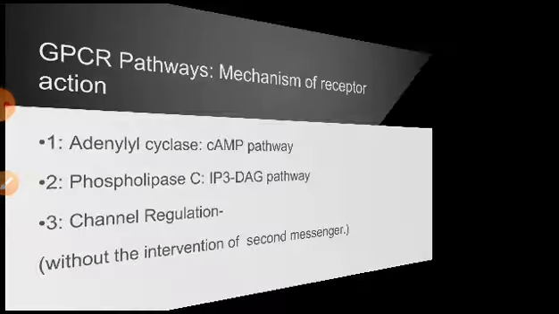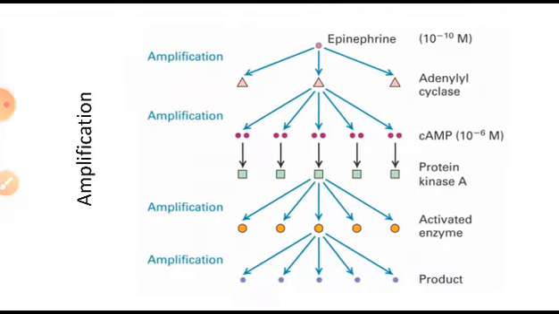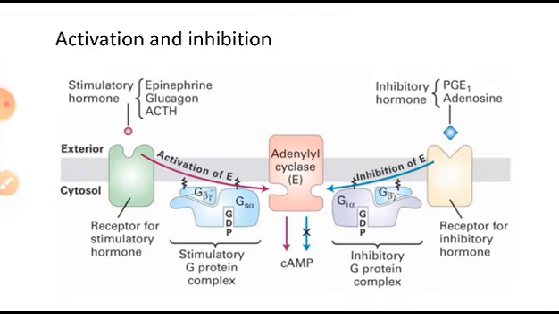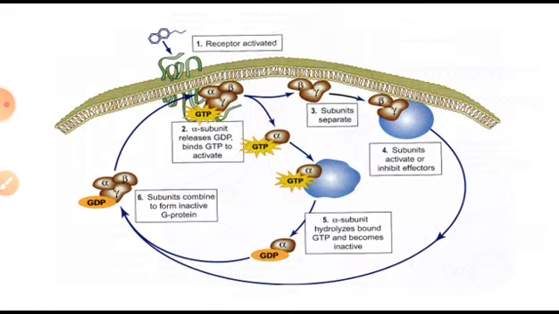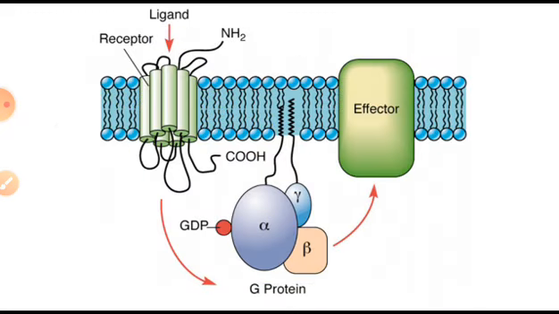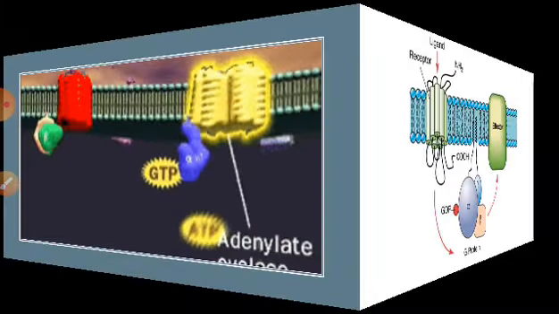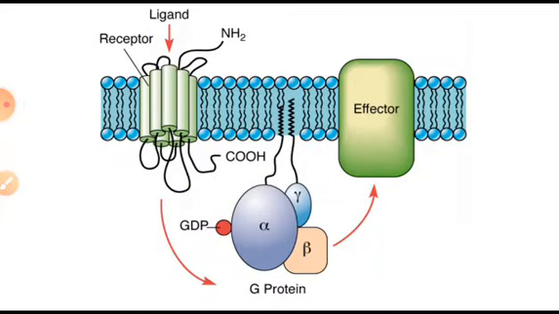Before moving further into the mechanism, here is one point I would like to make clear on this structure. The beta gamma which has moved away is not simply wasted; it also has some role.